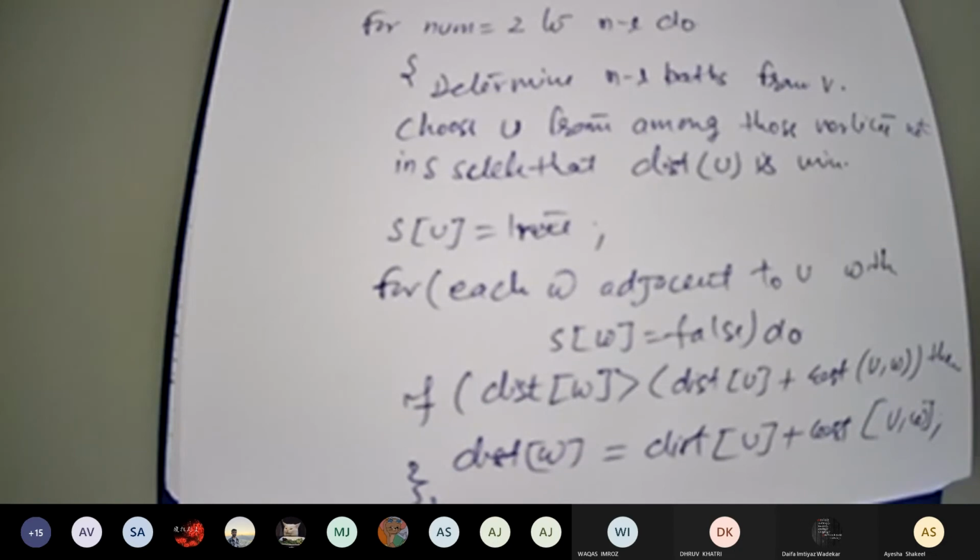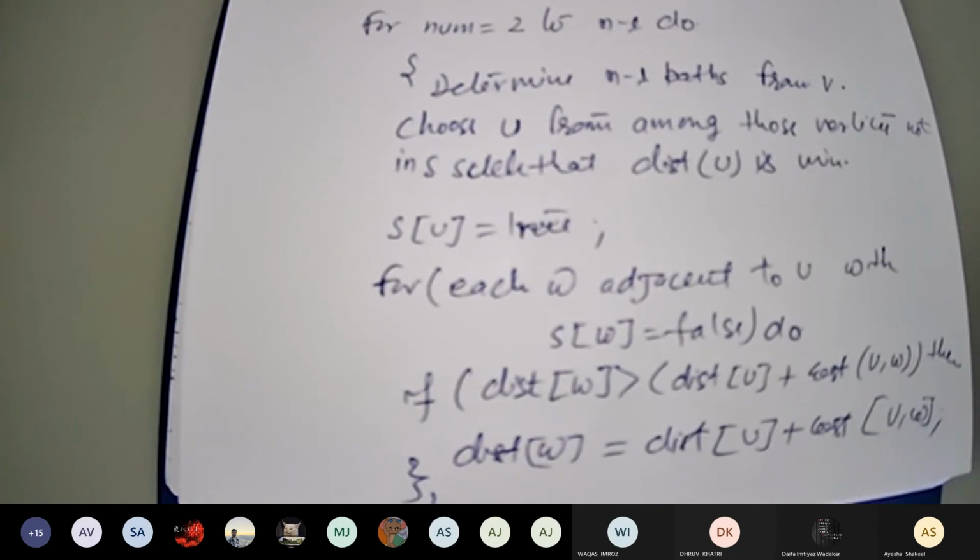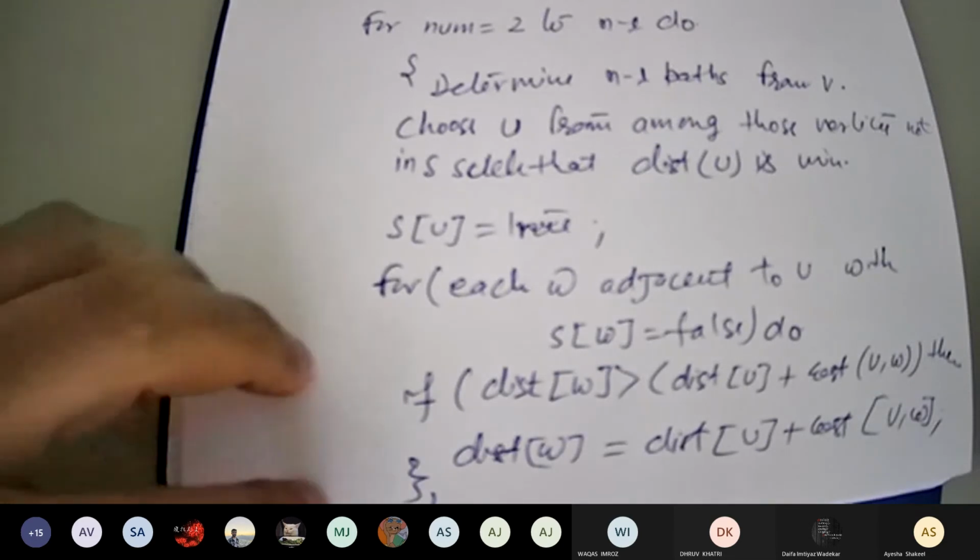Now this is just the algorithm, but let's do one numerical so that you will understand in a better way. This algorithm we are going to apply on this example.